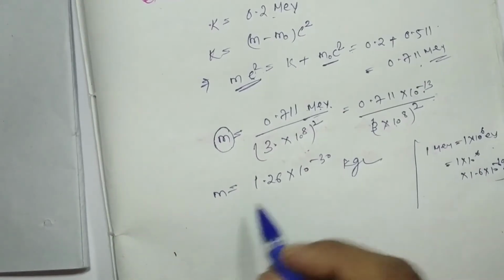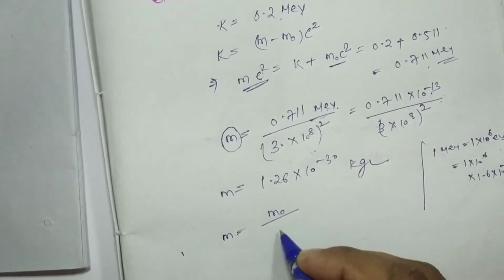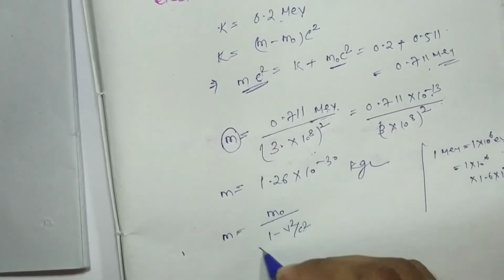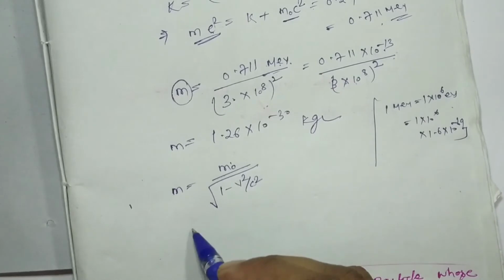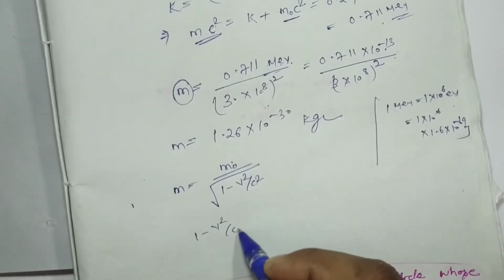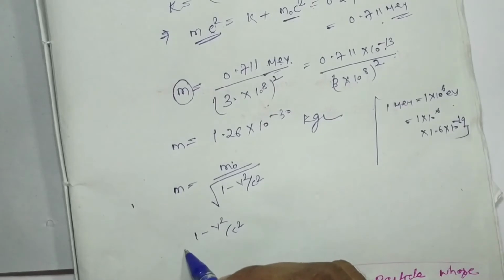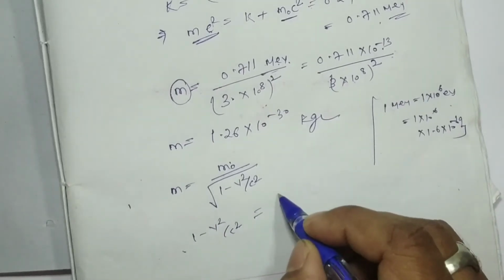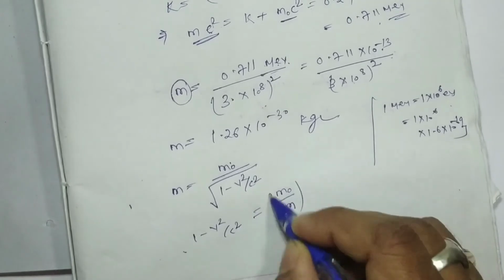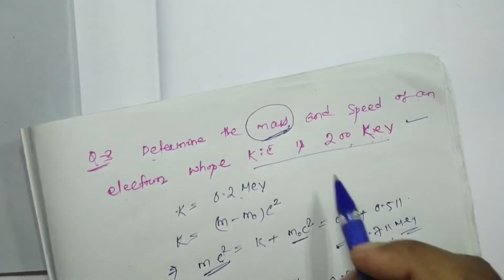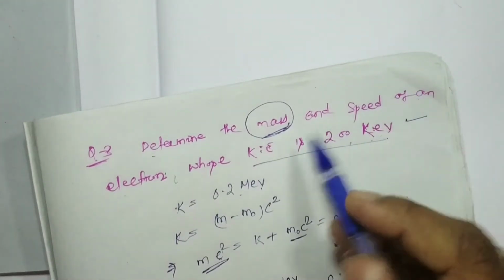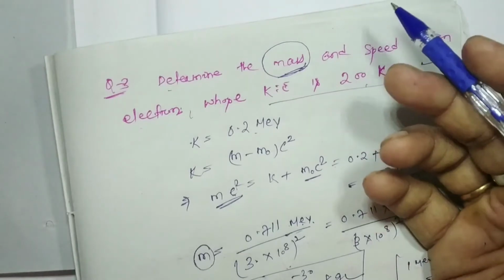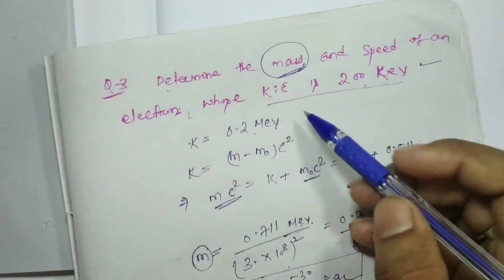Then we know that m is nothing but m0 by root over 1 minus v square by c square. Determine the mass means you have to find out the rest mass. So if we have the speed, after calculation we can find out its rest mass energy.